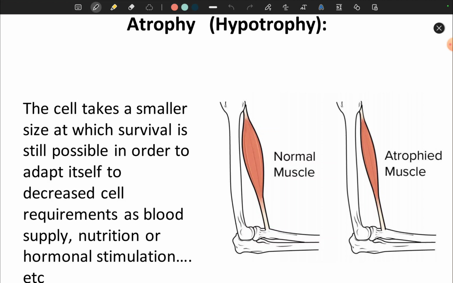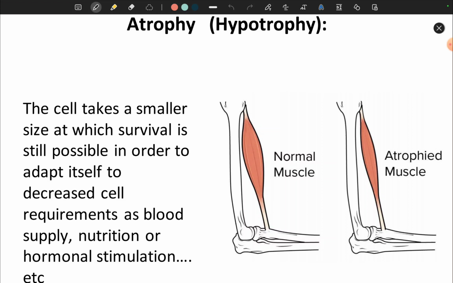The cell will adapt to the new condition by living with limited requirements. With the reduced blood supply and reduced oxygen supply, they reduce their size to reduce their requirements. This is the meaning of adaptation. The cell wants to live, and it will continue to live, but in new situations.